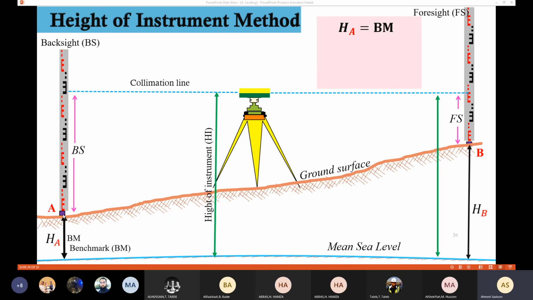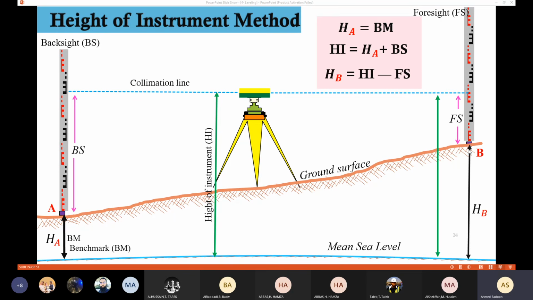The elevation of the point A represent the benchmark, we agreed on that. And the height of an instrument will be the elevation of the point A plus the backside. So now the height of an instrument is going to be the height of point A plus the backside.